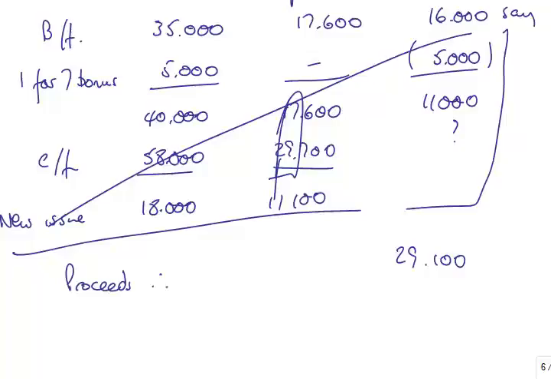So in the exam, please do this. Please put 18 plus 11.1. Or proceeds of shares, 18. Premium on share issue, 11.1. Either way, show the marker where your figures are coming from. We did it all the time with consolidations.